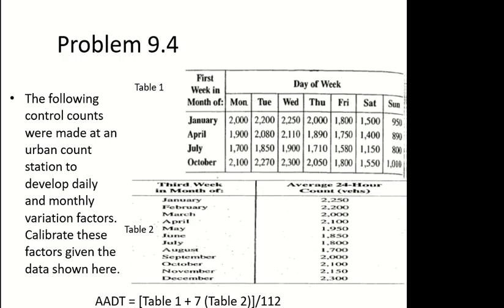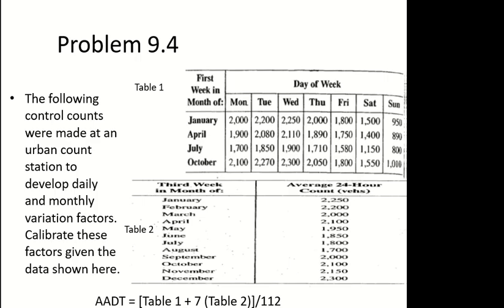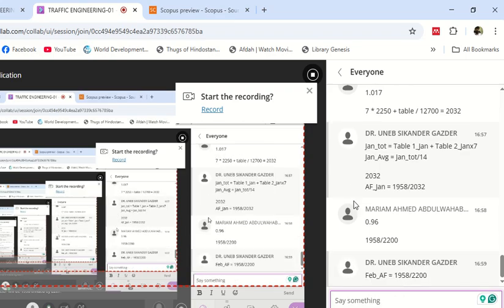The average of February is 2200. No extra data, so nothing to take average again. For January there were 2 data sets, so I had to take the average again. February, no problem. So the February adjustment factor will be 1958 divided by 2200. Okay, so how much is that?